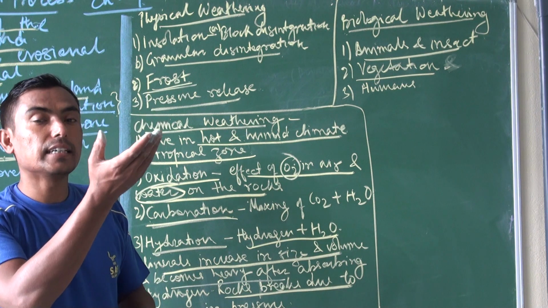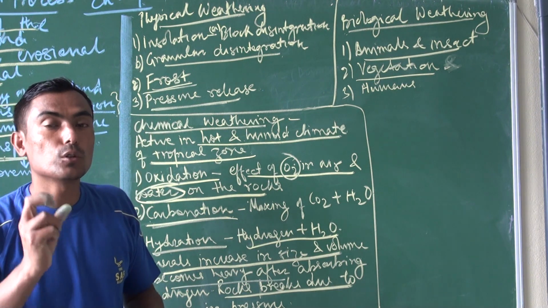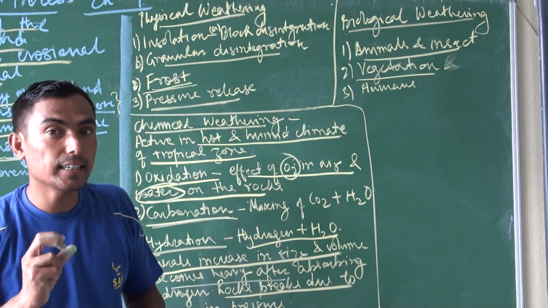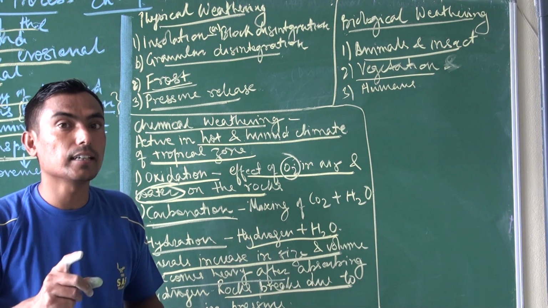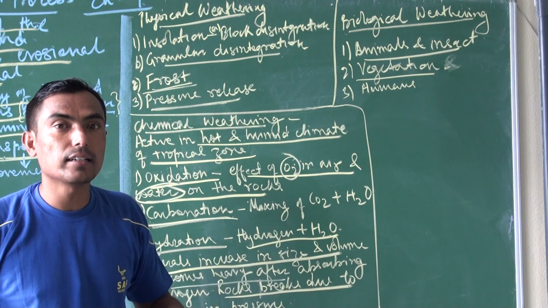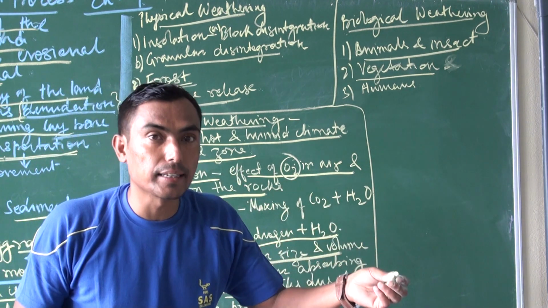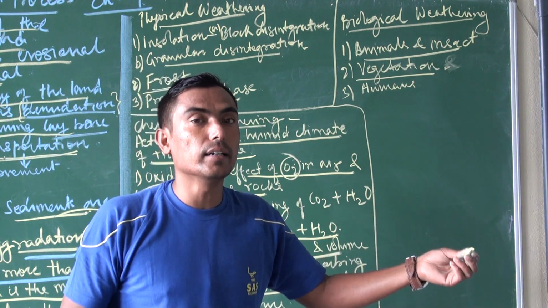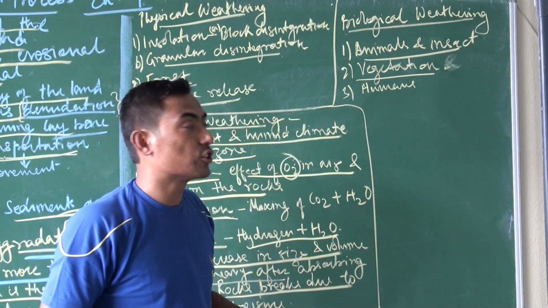As the plant increases in size, the roots also increase in size, putting pressure on the cracks, and finally the rocks break, resulting in weathering of rocks by vegetation.